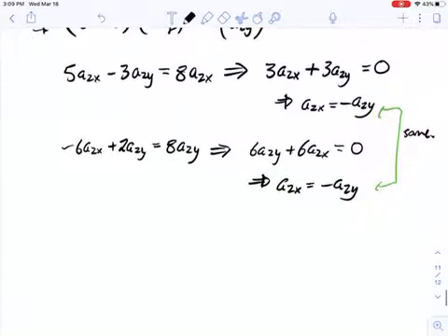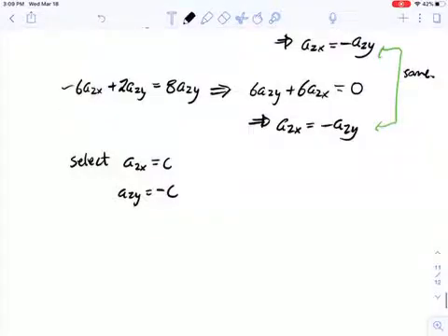So we have a freedom of choice to make again. So let's select a2x is equal to c, so that a2y is equal to minus c, and therefore a2 is equal to c times (1, minus 1).